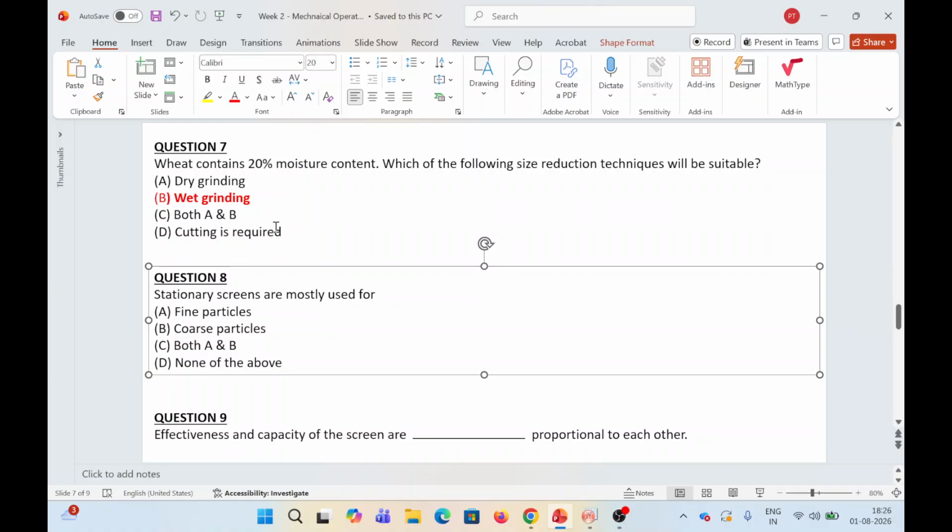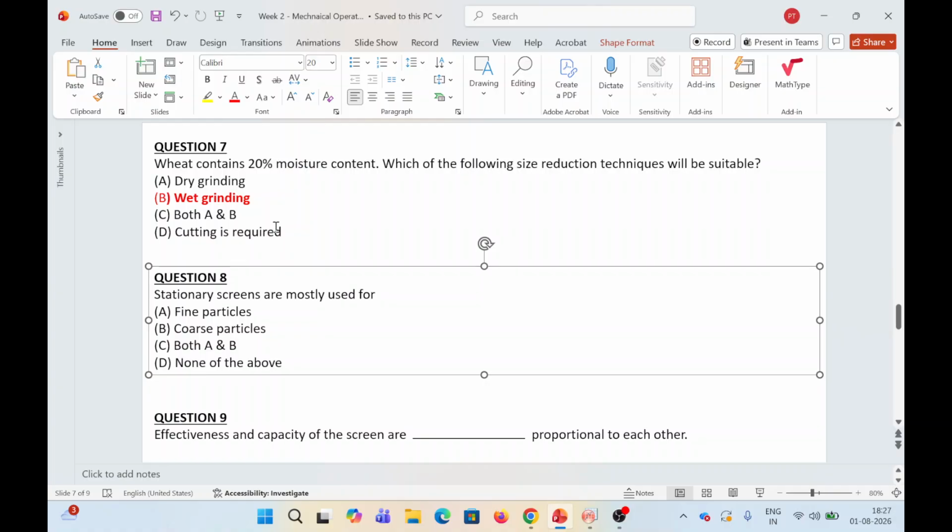Anyone? Any other answers? Fine particles. Any other answer? Sir, option B. Coarse particles.